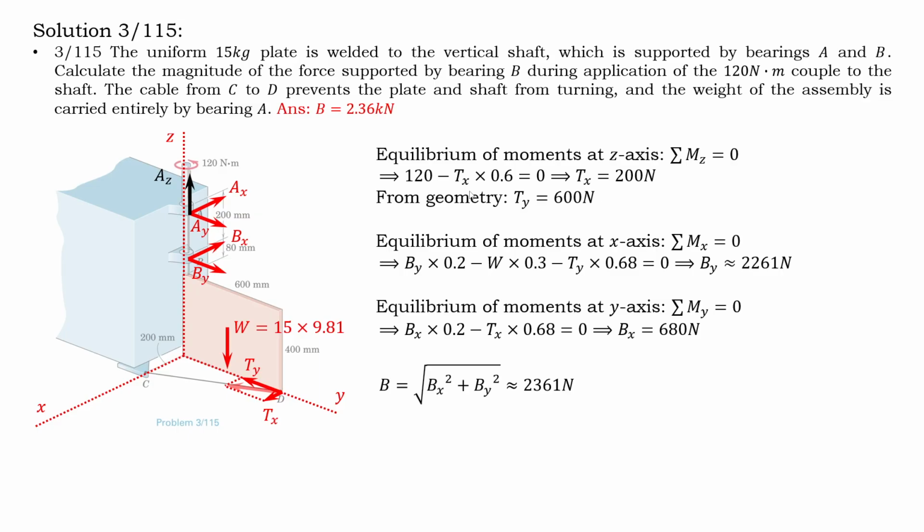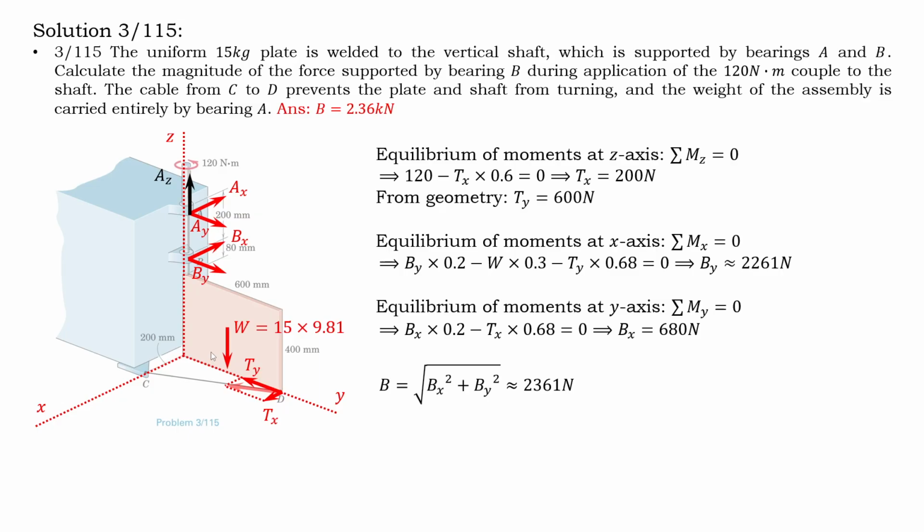So let us do that. 120 Newton meter, the direction of this moment is in the z direction. What else? Tx times this length, which is 600 millimeter, or 0.6 times Tx, negative, equal to 0. So what about the moment about x-axis? BY times this length and AY multiplied by this length, and W times 600 over 2.